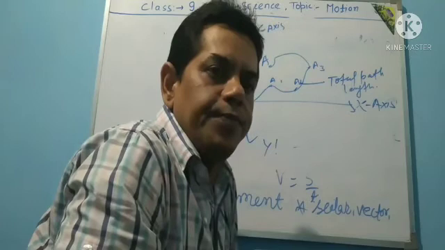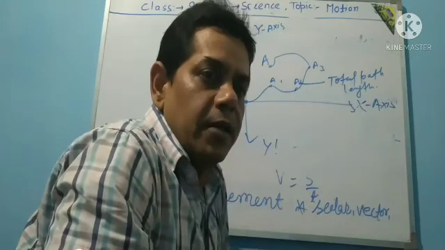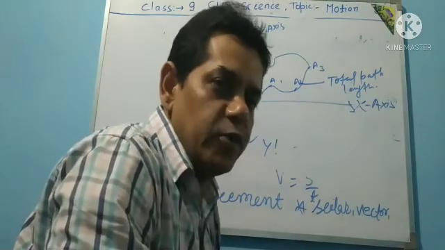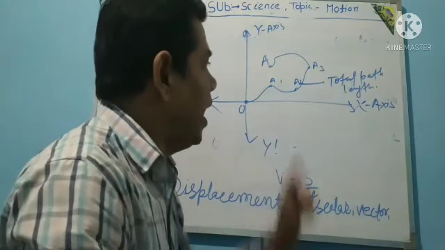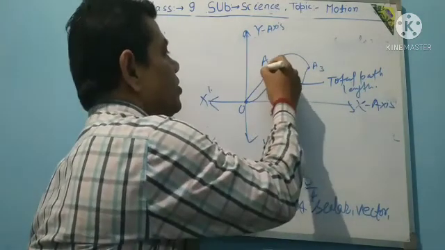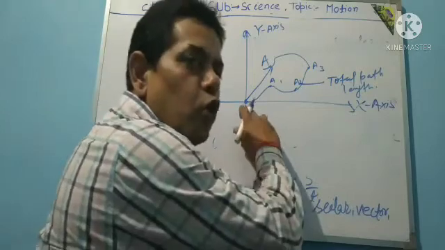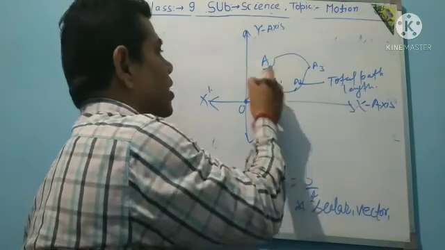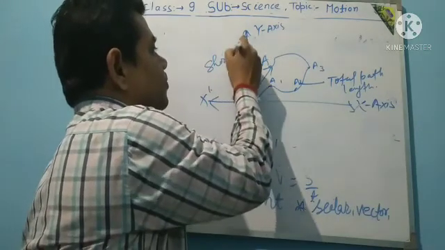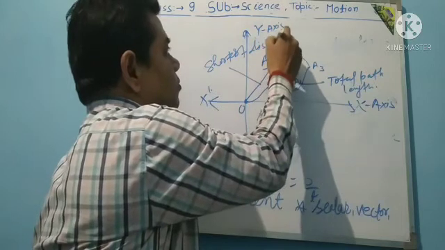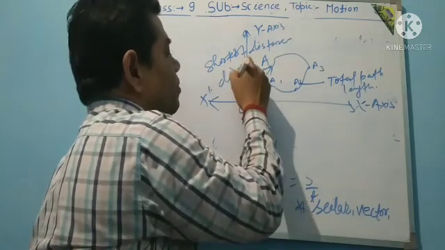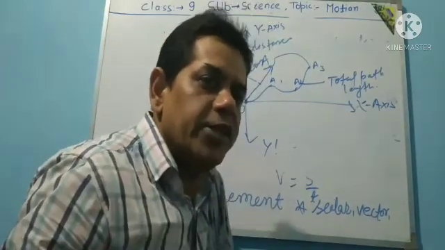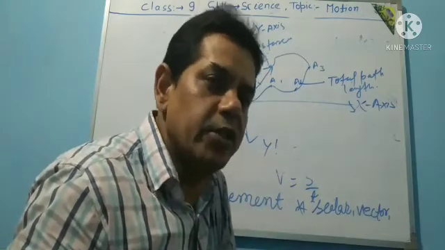And the total path length is the distance, and the shortest distance from O to A is the displacement. The shortest distance traveled by the object is displacement.